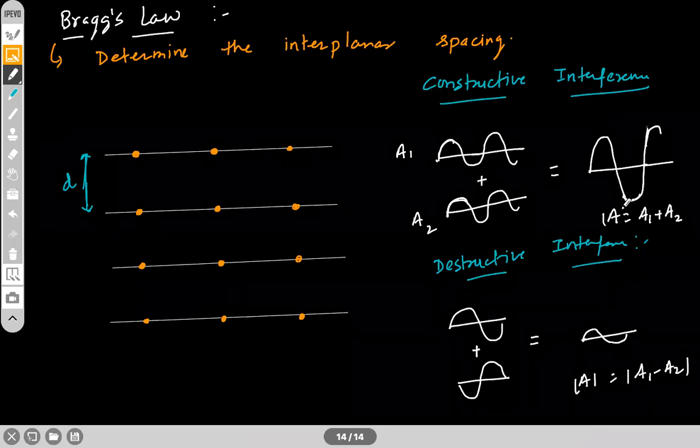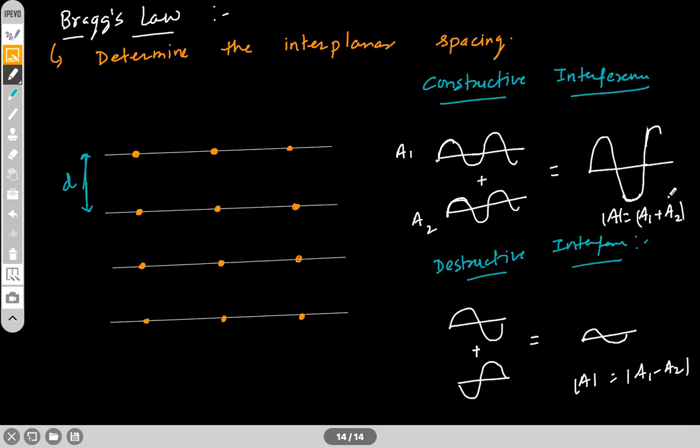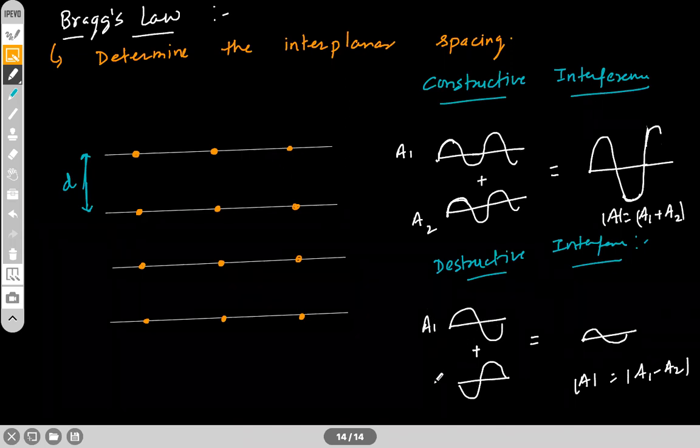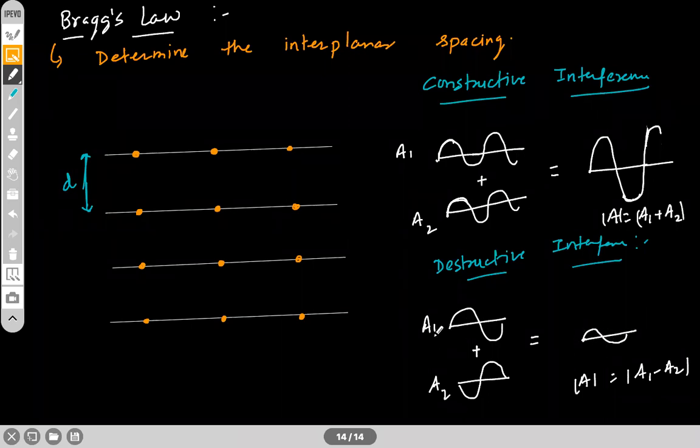Constructive interference gives you more amplitude, destructive gives you less. Even if the amplitude is the same for both waves, we don't observe any wave, because both cancel out each other. So we conclude that constructive interference will have more amplitude.